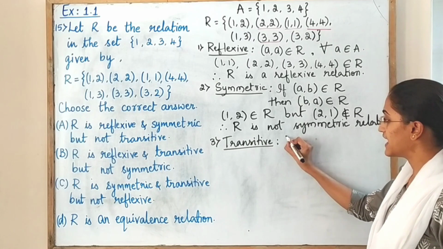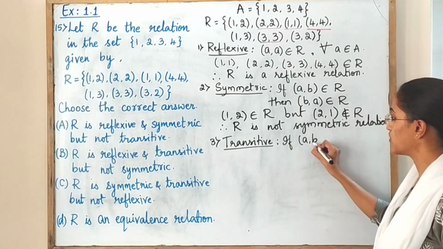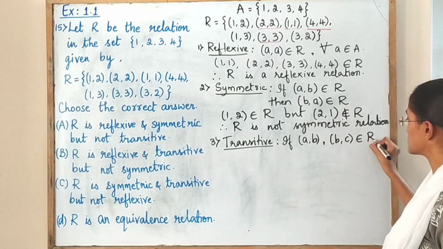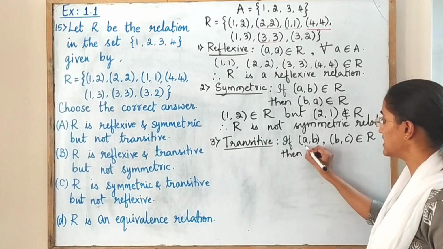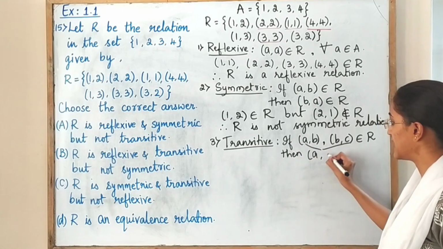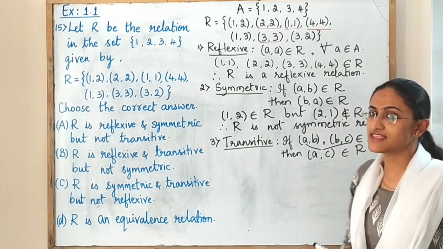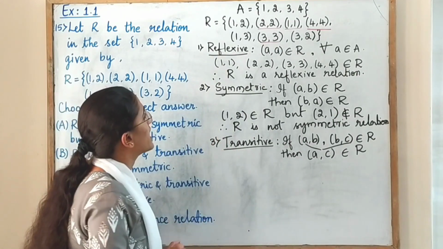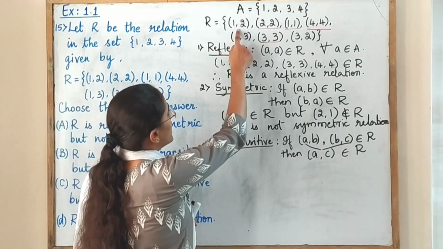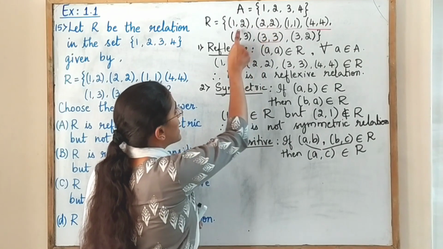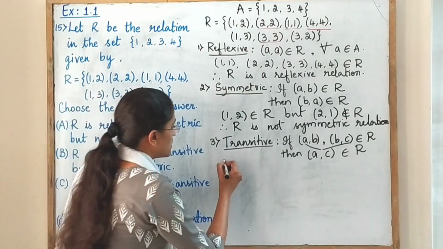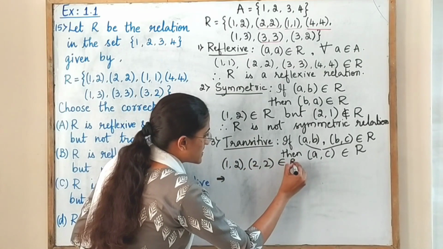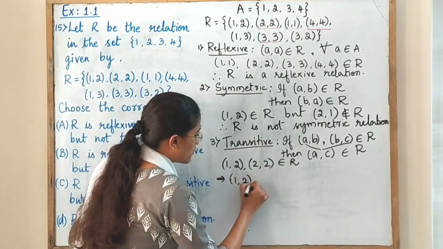Remember the condition: if you have two elements (a, b) and (b, c) which belong to R, then the element (a, c) should also be in the relation R. Now, checking likewise, you can take any two elements in the relation R. If you take (1, 2) and (2, 2), then (1, 2) again belongs to the relation R. Yes, (1, 2) and (2, 2) belonging to R implies (1, 2) is also in the relation.